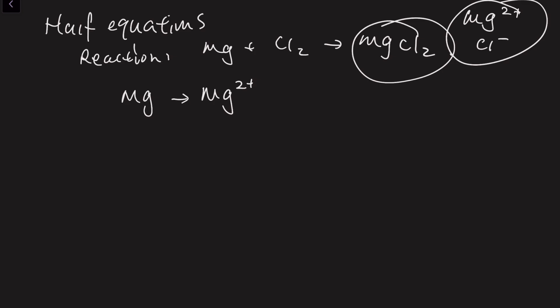And because we need to balance the charge, so magnesium itself have 0 charge. Magnesium ion have positive 2 charge. So we need 2 electrons to balance out this charge. And because magnesium atom have lost 2 electrons in the process of becoming magnesium ion, it is getting oxidized. Or it has undergone oxidation.